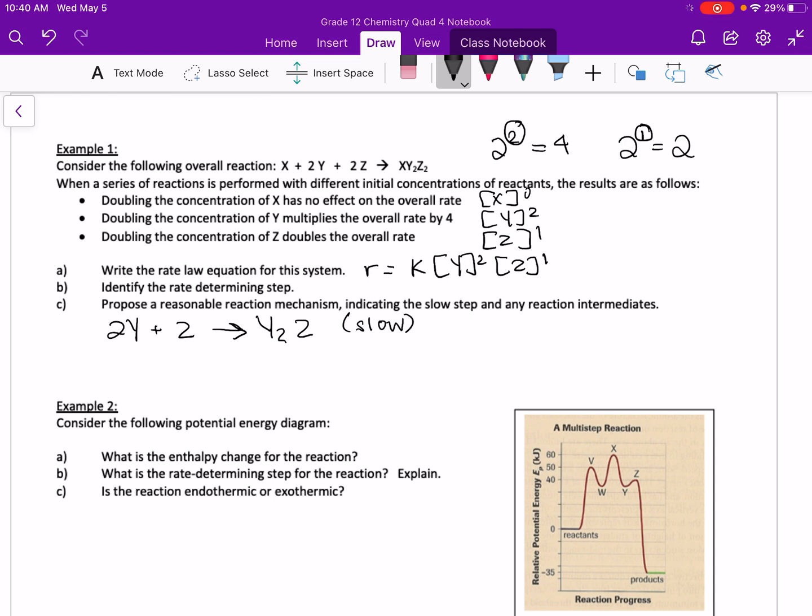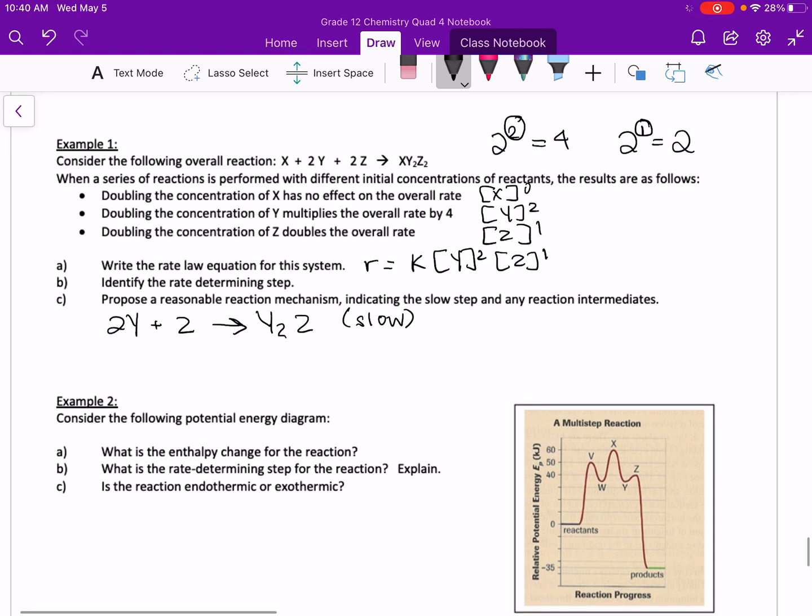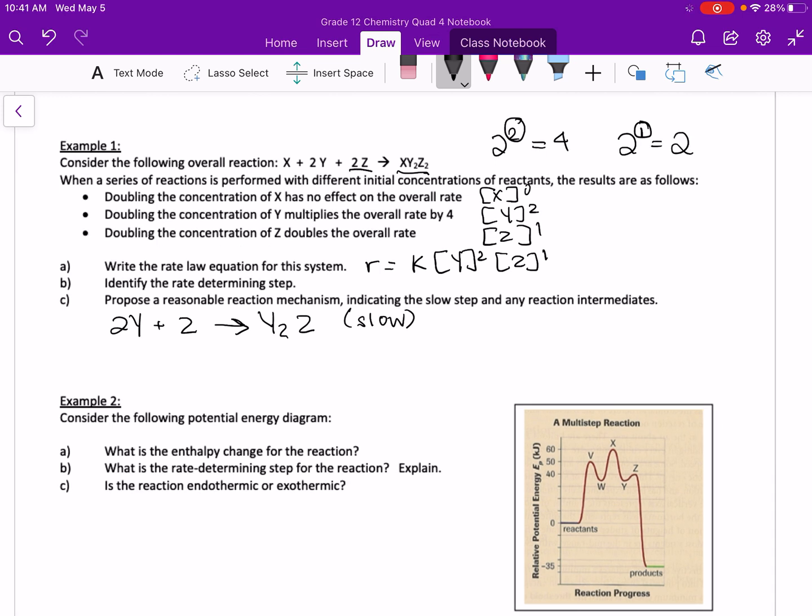It's my slow step. I'm going to propose a reasonable reaction mechanism using this rate determining step, and I'm going to identify any intermediates. So my first product I know will be an intermediate because it's not in my product. I need to try to make this product, and I need to try to get to 2 z's and 1 x.